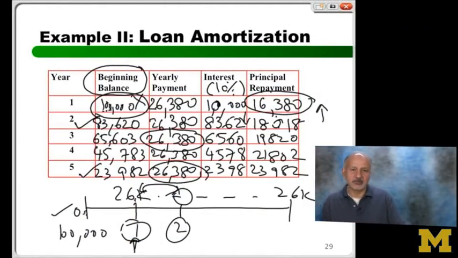Suppose I walked up to you and asked you, hey, you've taken a loan, $100,000, you're just coming out of the bank and I'm your buddy, and I know you know finance. I say, how much did you borrow? I said, $100,000. I say, look, can you tell me how much will you pay the bank every year for the next 5 years?